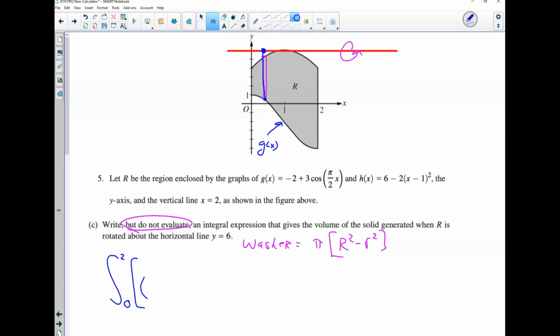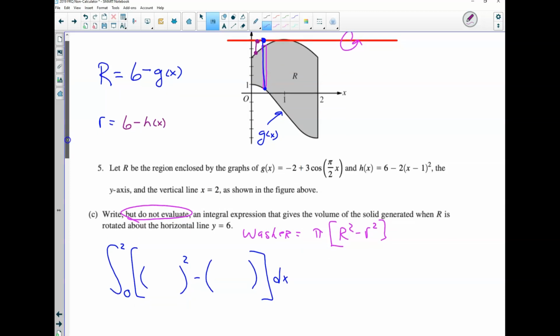I'm just setting up my template: big R squared minus little r squared dx, where big R starts at 6, top minus bottom, minus g of x. My little r starts at 6, and it goes to the top function, so my little r is going to be 6 minus h of x.